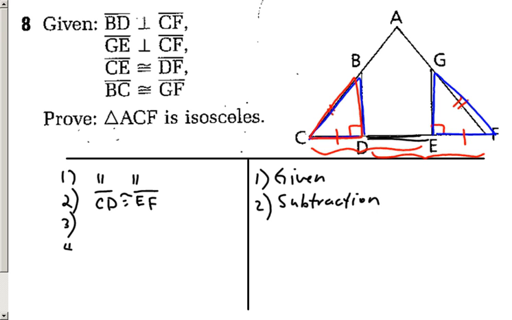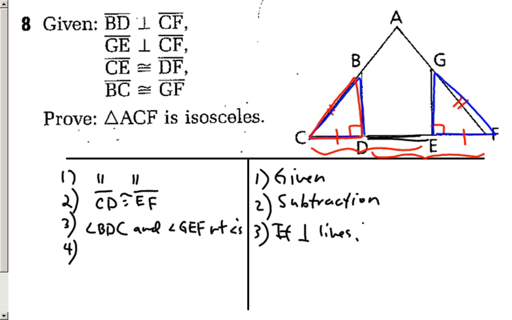Step 3 and step 4 are going to be to prove that the 2 triangles are right triangles, because I cannot use HL, which is what I want to use, unless I have right triangles. So I need to do this. So I'm going to say that angle BDC and angle GEF are right angles, first of all. The reason would be because if perpendicular lines, then right angles.